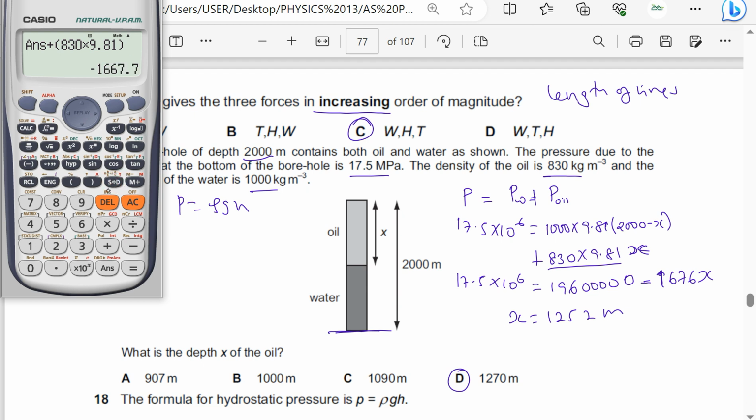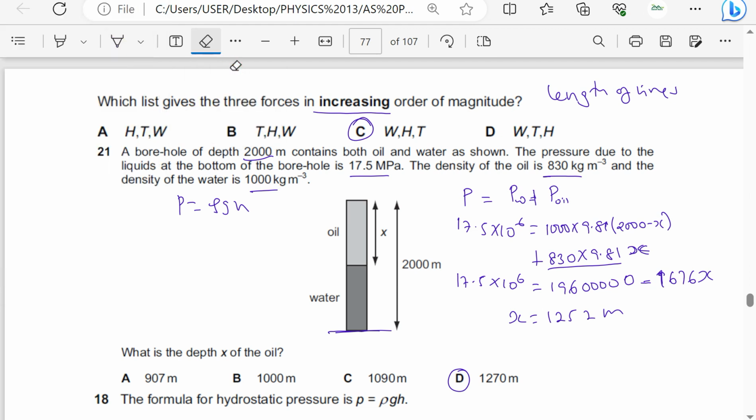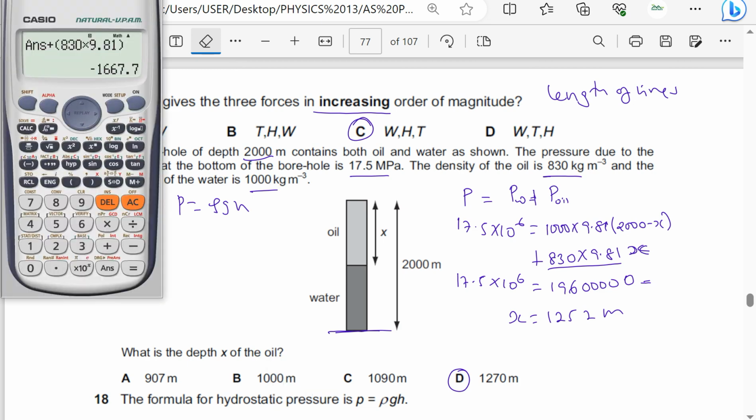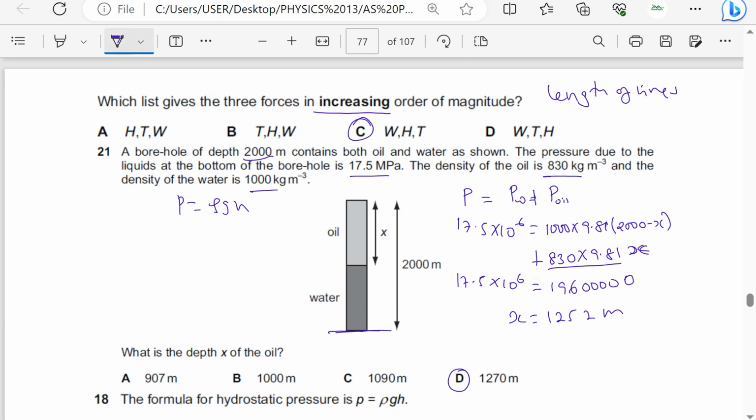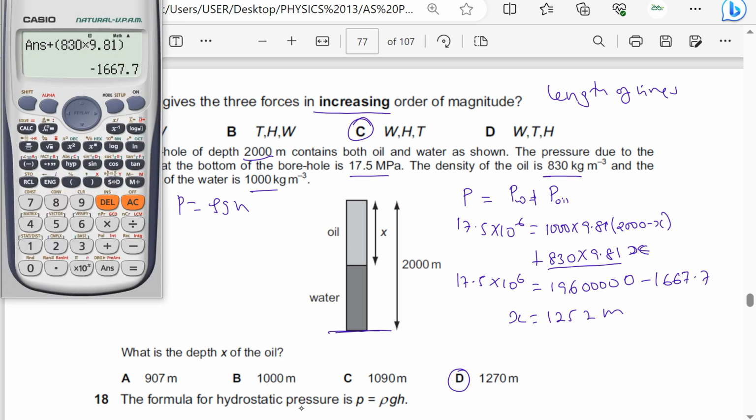So it is negative 1667. No, not 76, I made a mistake here. So it's minus 1667.7.